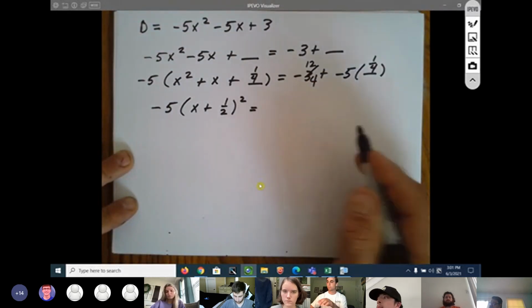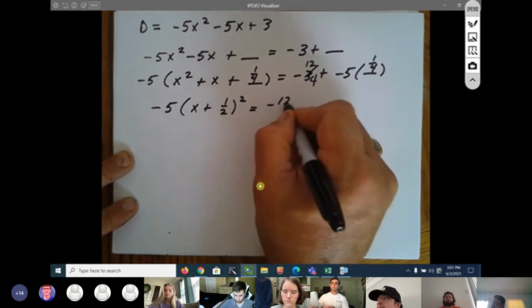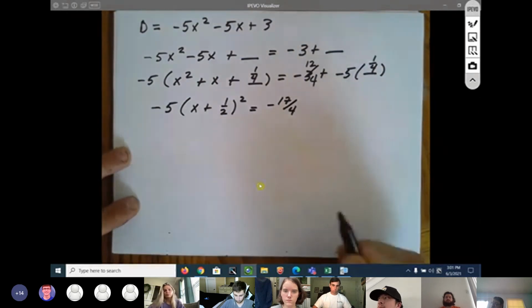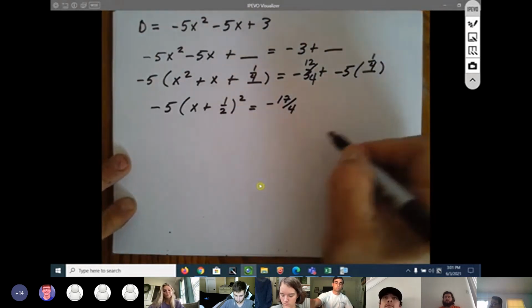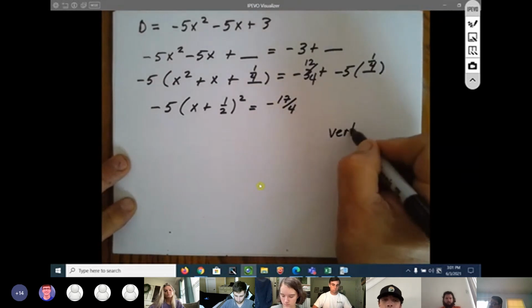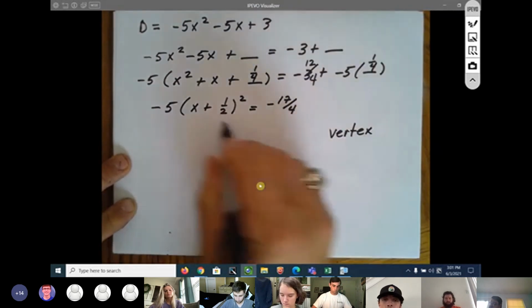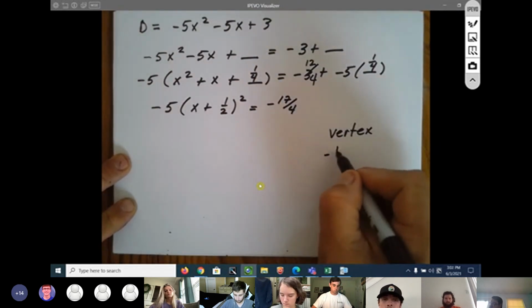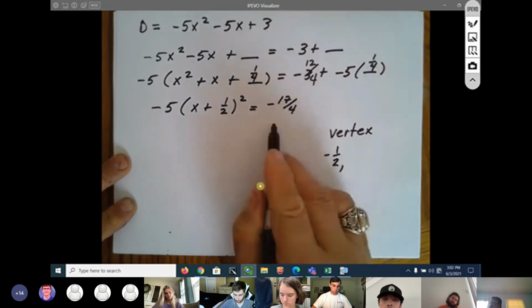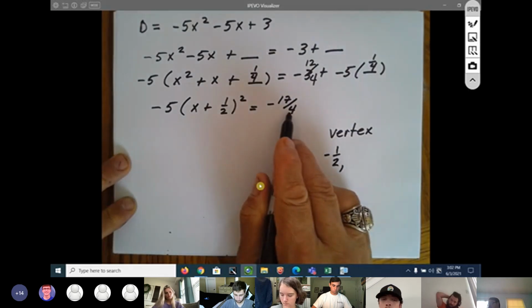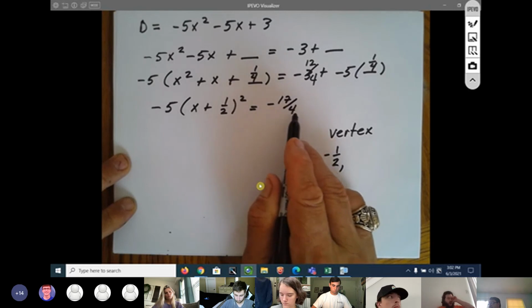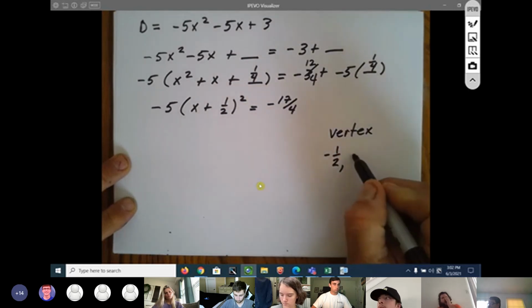That's negative 17/4, isn't it? So that means our vertex is negative 1/2, comma, what is this? 4 will go into 17, 4 times, 4 and 1/4.